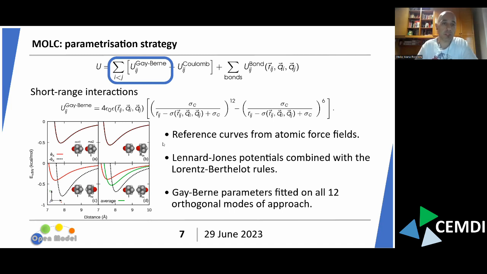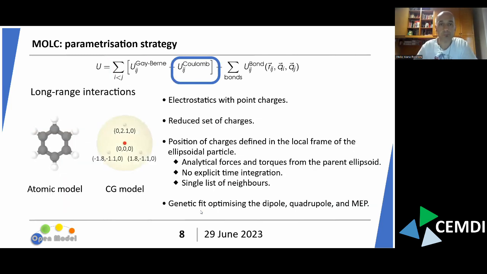It depends on the shape of those particles, but it has the familiar 12-6 terms, and we can fit these parameters to reference curves from atomistic simulations, average all of them, and get a smoothed-out potential that describes, like in this example, how two molecules interact in space.